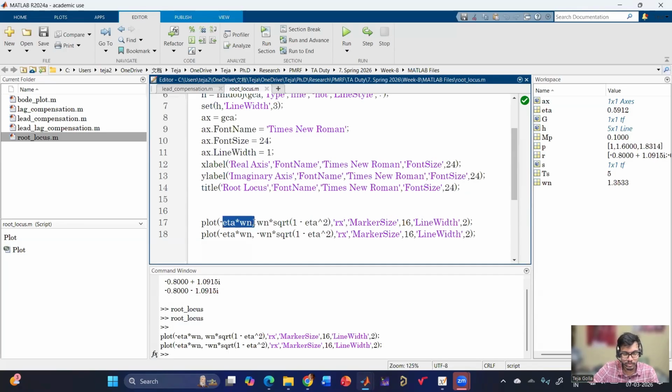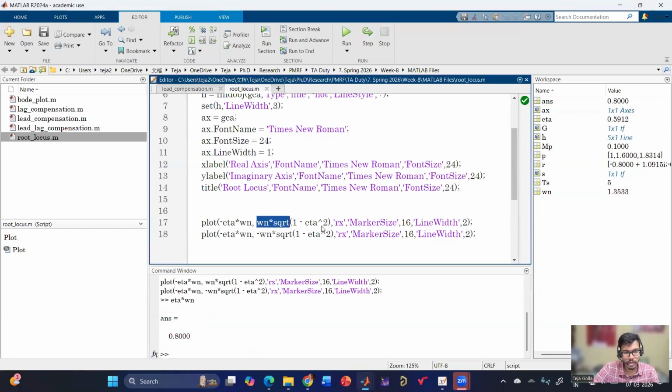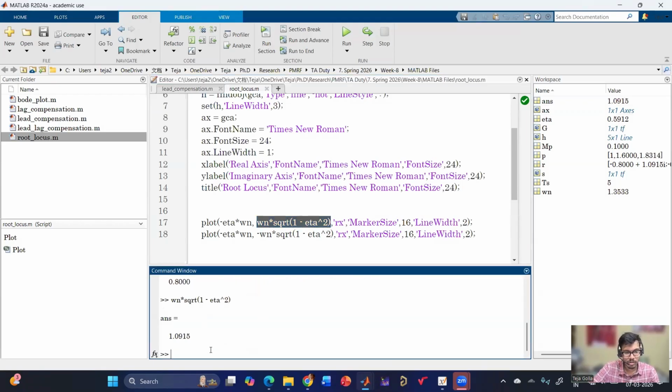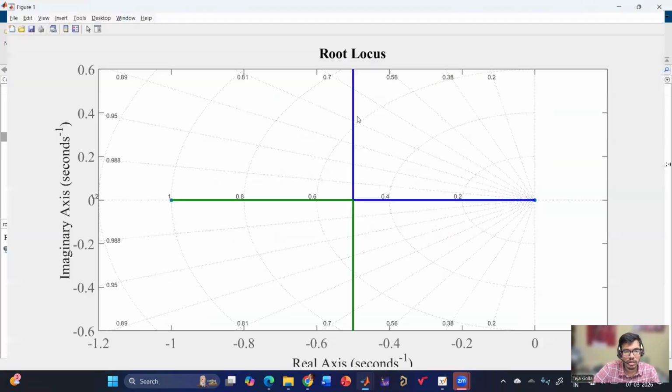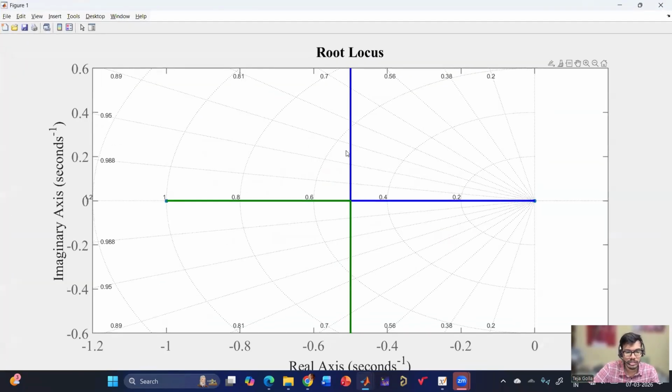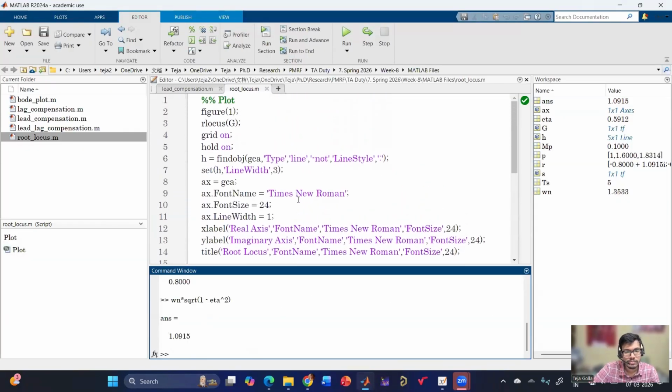Just a minute. This is 0.8, and omega n into square root of 1 minus eta square is 1.09. So this is above this, so that's why I think it is cutting that. Wait, I'll just close this and I'll plot again.